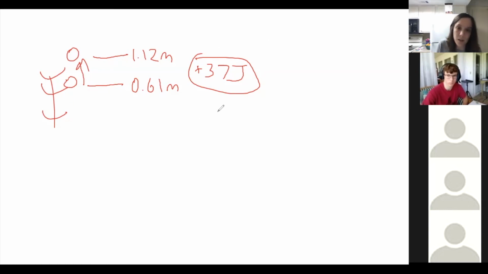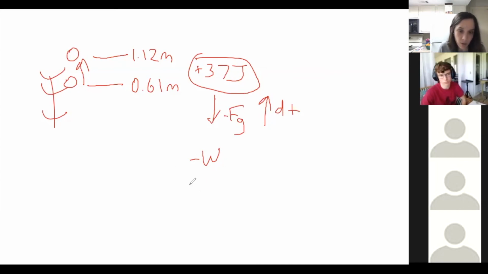But gravity is pulling downward. So the force of gravity is directed downwards. Which way is the ball going? Ball's going upward. So we learned yesterday that if the direction is opposite the force, then negative work is done. So if gravity did negative work on the system, we would say that the work done by gravity is negative 37 joules.